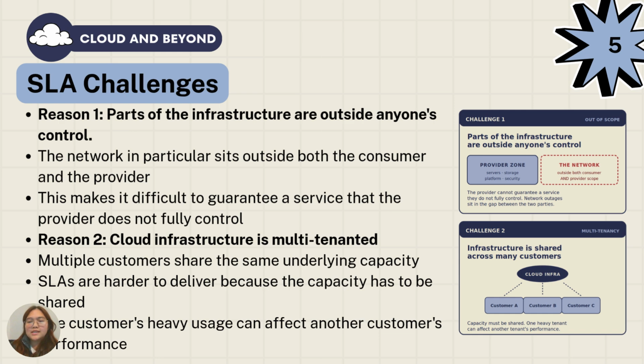Second one is multi-tenancy. Most cloud infrastructure is shared, so multiple customers are running on the same capacity. If one customer has a spike or increase in usage, it can affect another customer's performance. And that makes it difficult to have consistent service levels for everybody simultaneously.